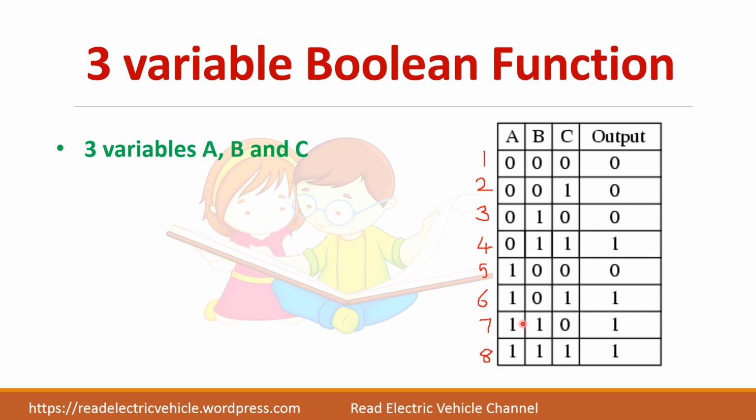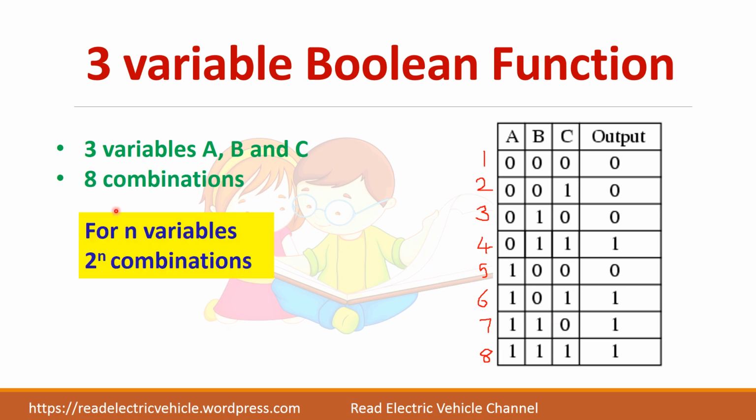Or you can remember this very easily. First take the least significant digit. Write 0, 1, 0, 1, 0, 1, 0, 1. Next, 0 0 two times, 1 1 two times, again two times 0, again two times 1. Here, 4 times 0, 4 times 1. So you will get all the 8 combinations.